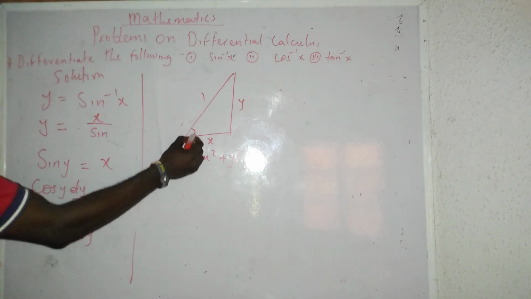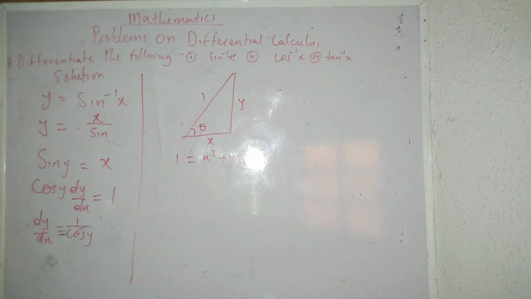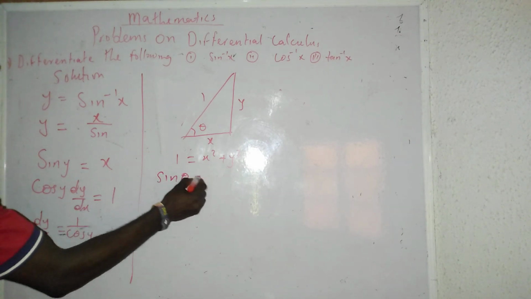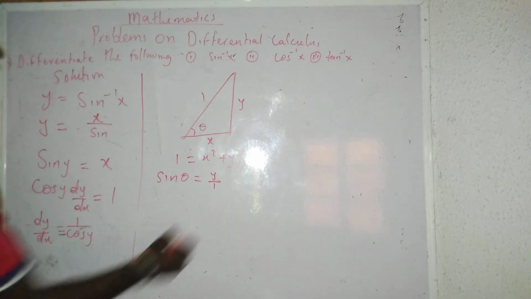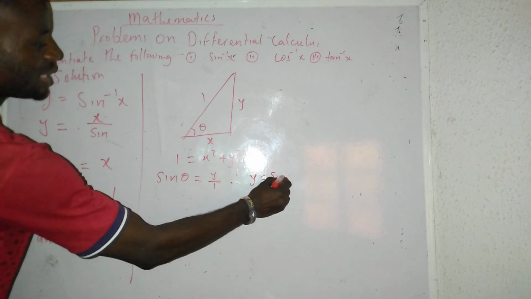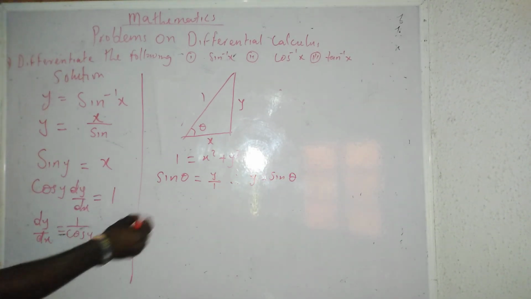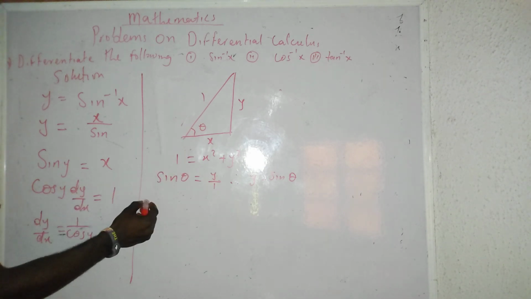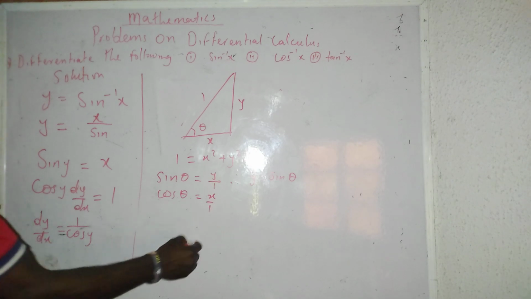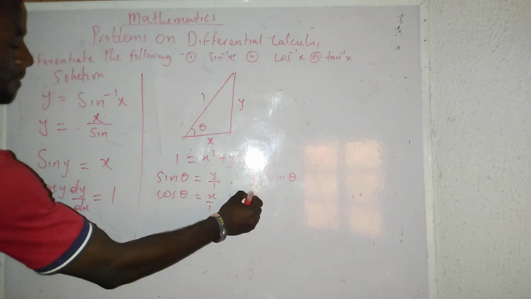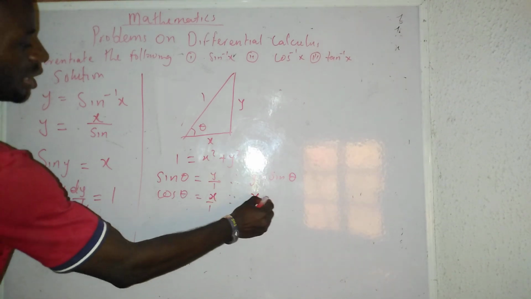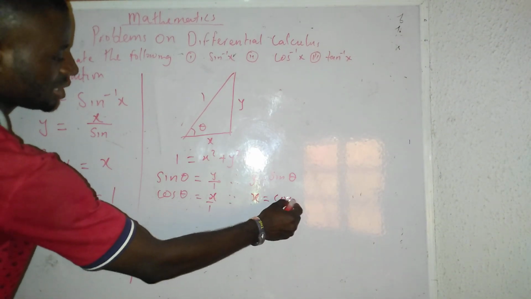With this, if I have an angle theta here, I can also have sine theta, which will be y all over 1. Therefore, my y equals sine theta. And also, cos theta equals x all over 1. Therefore, my x equals cos theta.